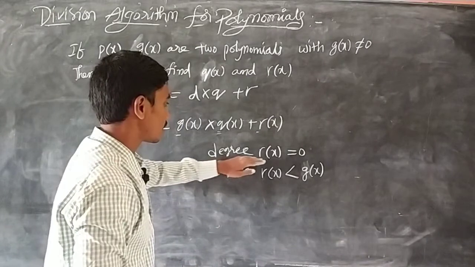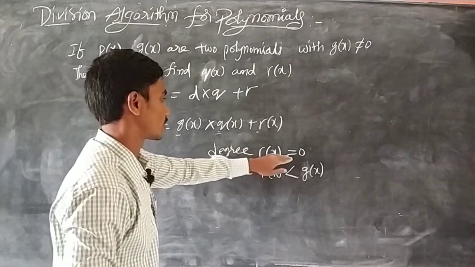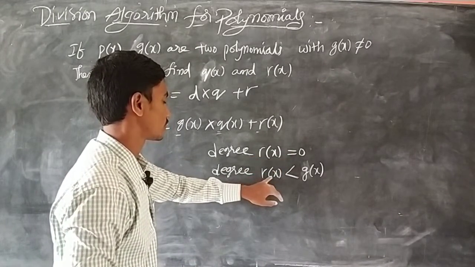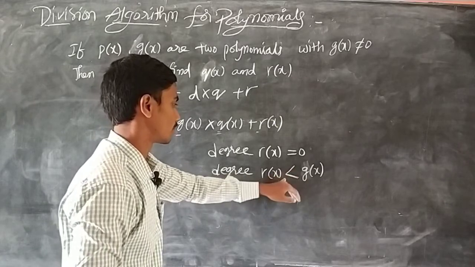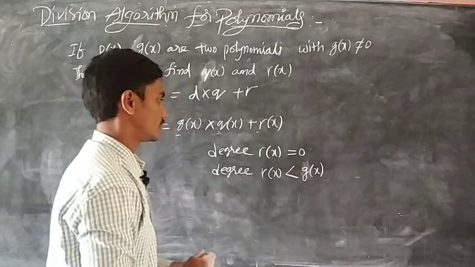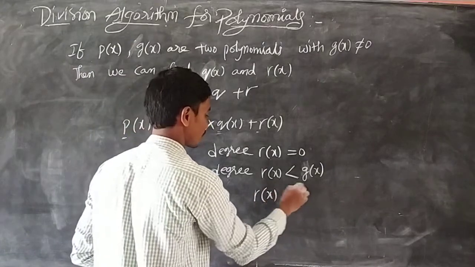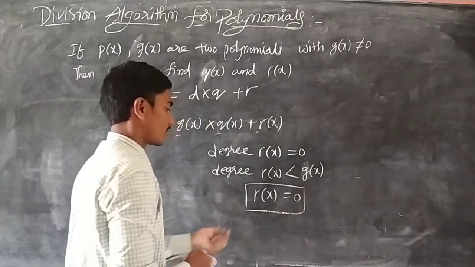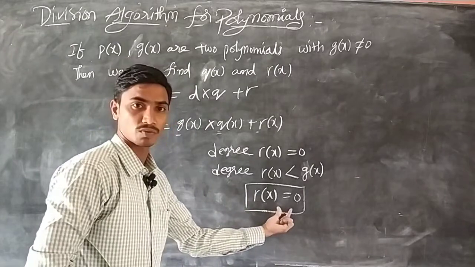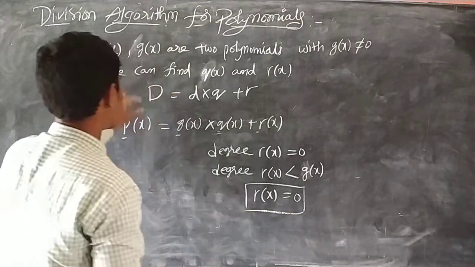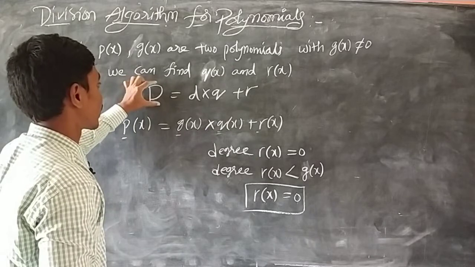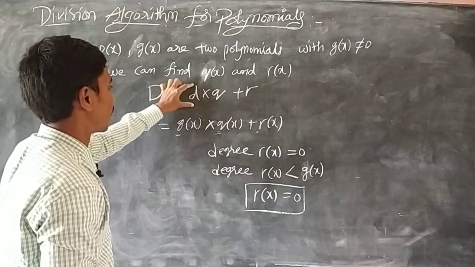Either the degree of r of x is equal to 0, or the degree of r of x is less than g of x. Sometimes the value of r of x is equal to 0. In this case, the dividend is perfectly divisible by divisor.